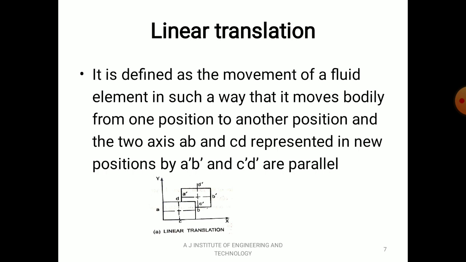You can see that is represented in the XY plane. Because of the deformation or the motion, it moves bodily from the older position to a new position. In that new position, the axes are represented by C'D' and A'B', and those two are parallel to each other. That is, AB and A'B' are parallel, and C'D' and CD are parallel.